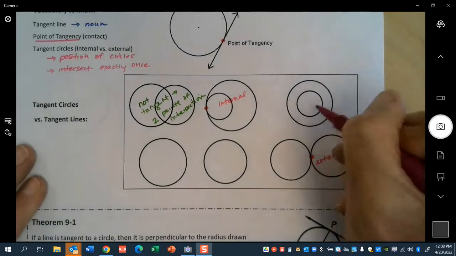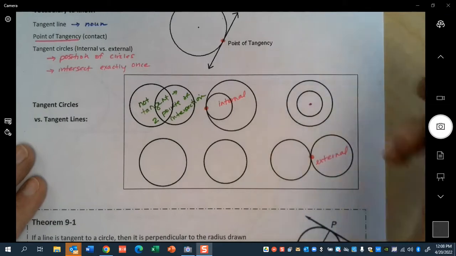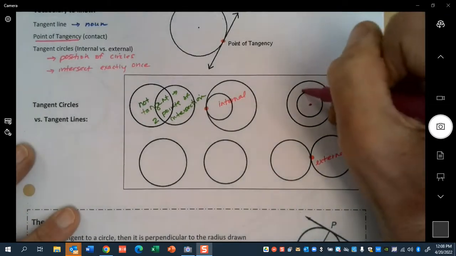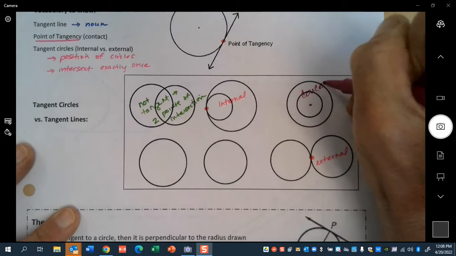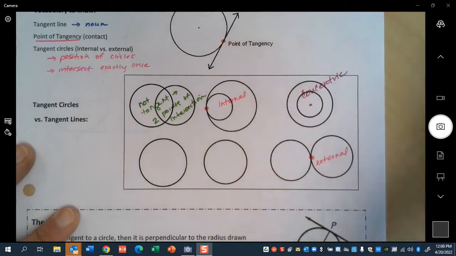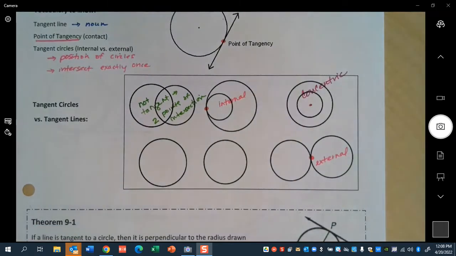You know what we call these circles that have the same center? Anybody know? They are concentric circles, they have the same center. Makes you want to go shop at Target. A Target symbol is 2 concentric circles, circles that don't intersect.